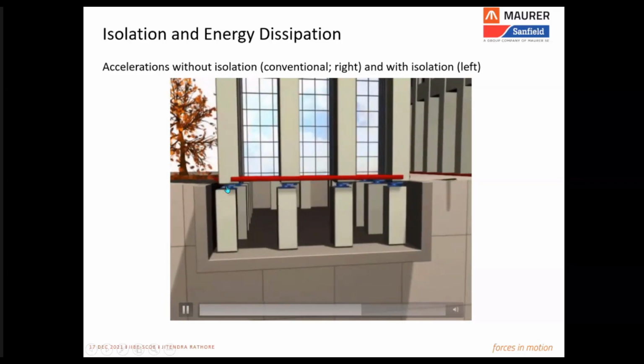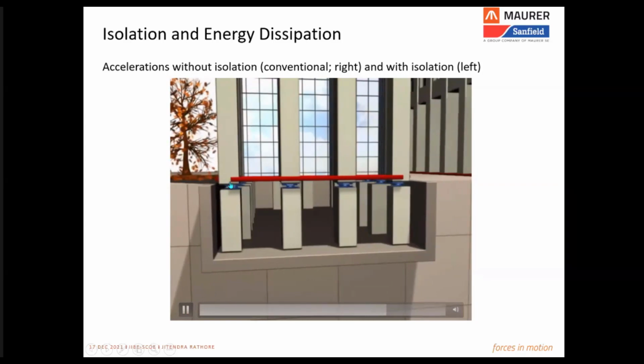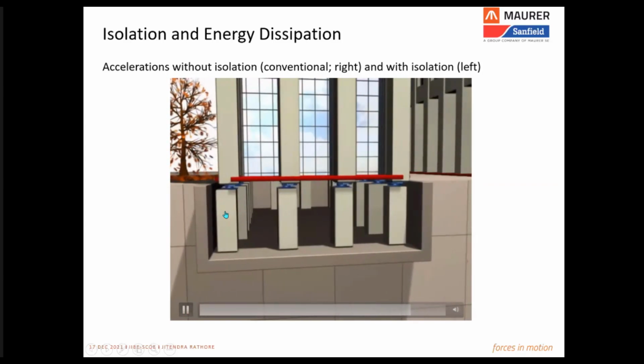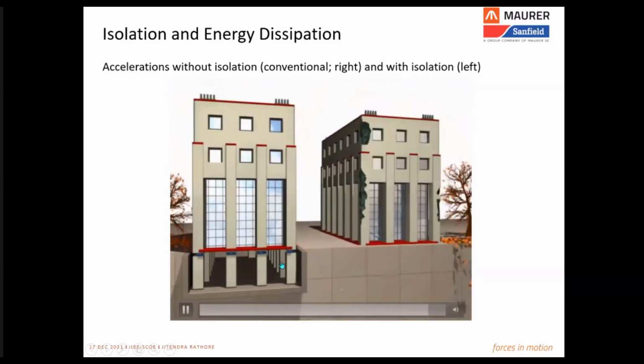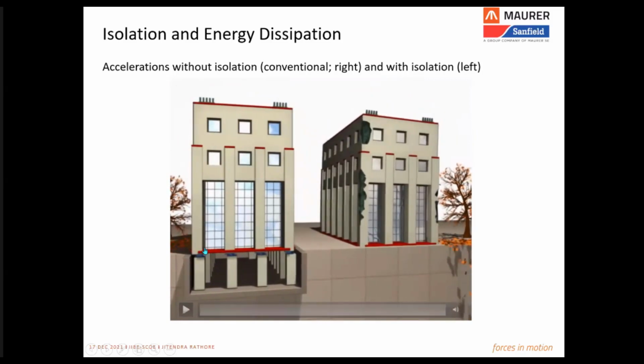On the other side, if we have the isolation system built into the design, then what happens? The earth is shaking randomly, but the structure is doing a controlled movement. This way the time period of the earthquake is shifted, and the structure is saved from permanent damage.